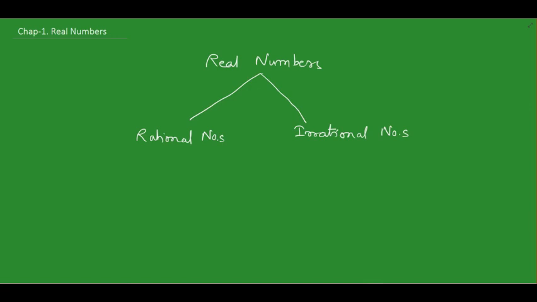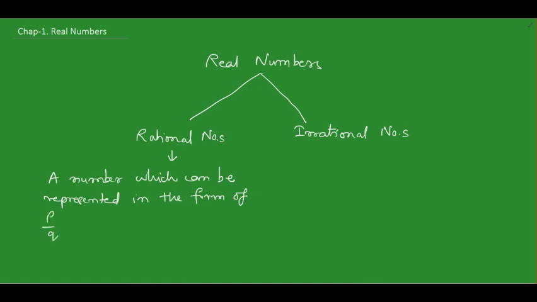Now, if we need to define rational numbers, then we can define it as a number which can be represented in the form of p upon q, where p and q are integers.